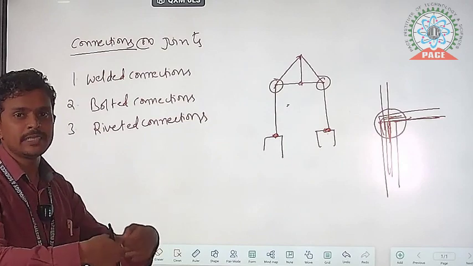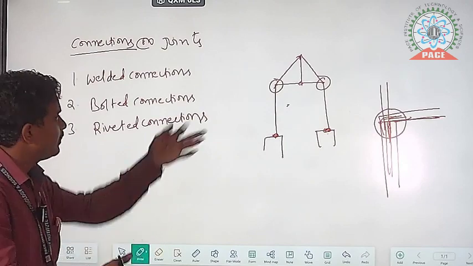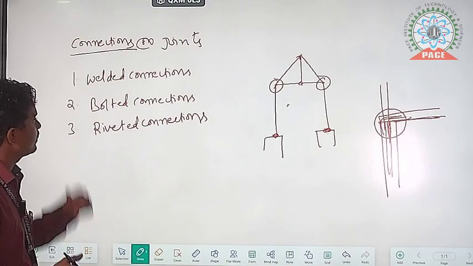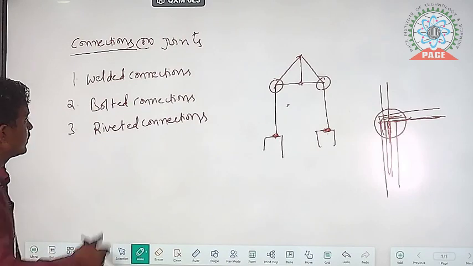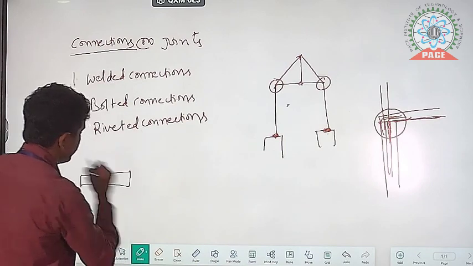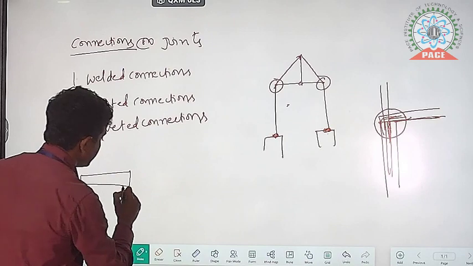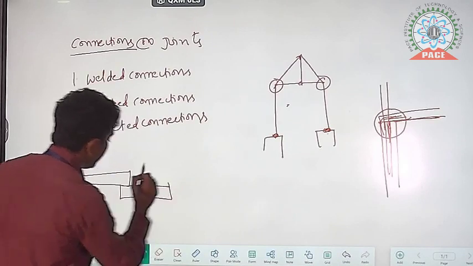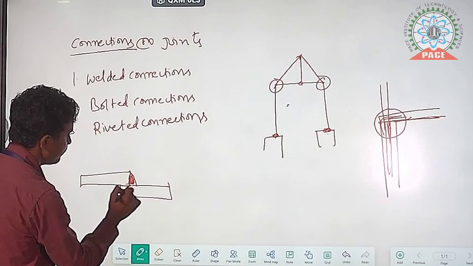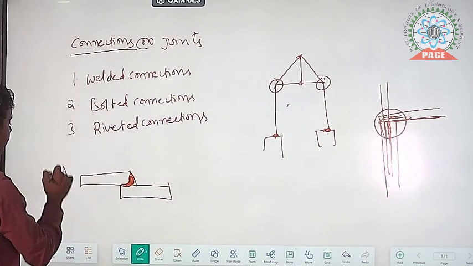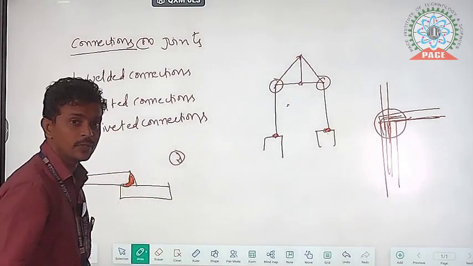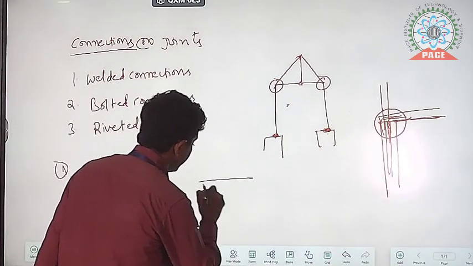Okay, next one is bolting. Here in welded joints, for example, this is one plate and this is another plate, and we join them using welding. That is about welding. If you see bolting, the second one, how do we do the bolt? First, this is one plate, and I have to join another plate.